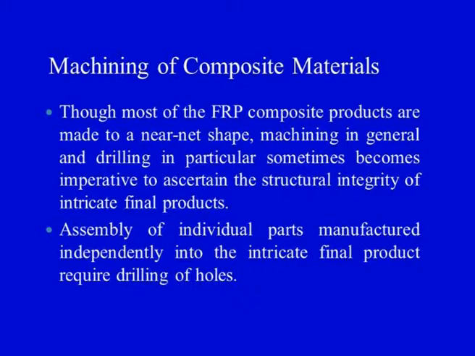So again, assembly of individual parts which have been manufactured by any of the primary processing techniques independently. So these parts have been made independently. Suppose let us take an example.